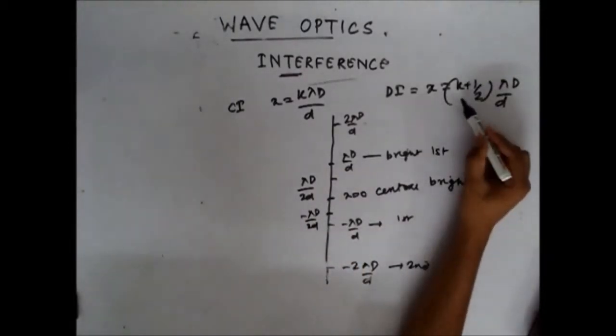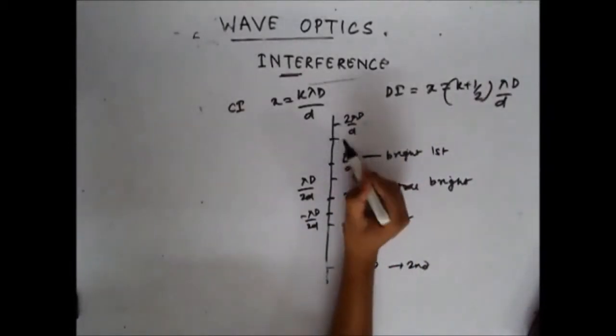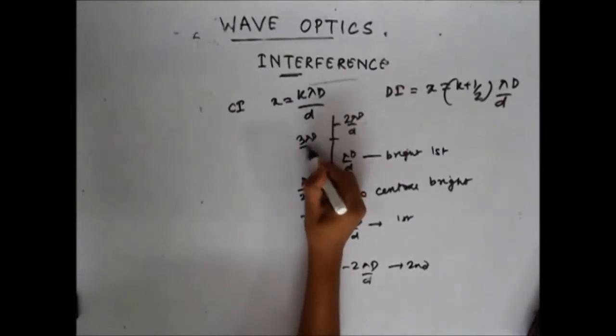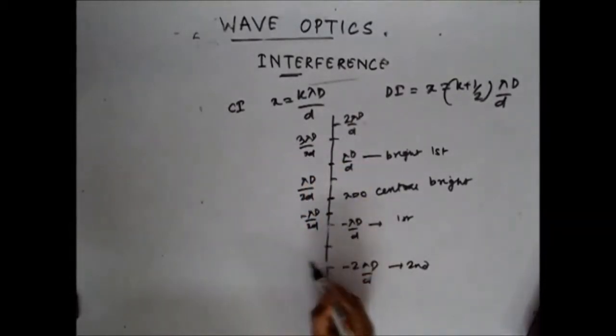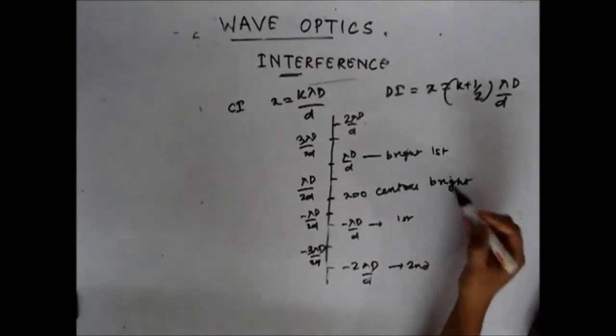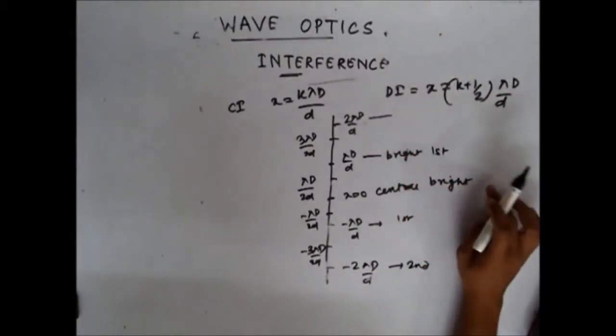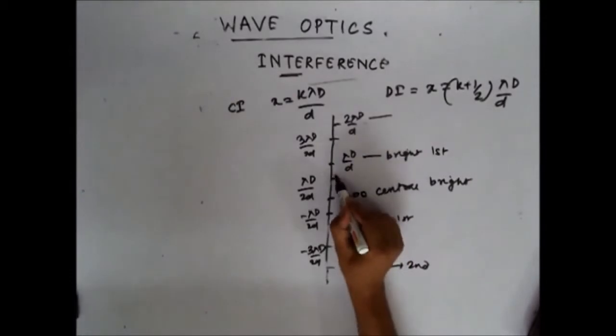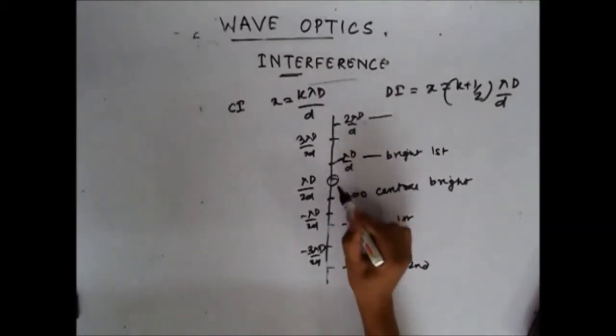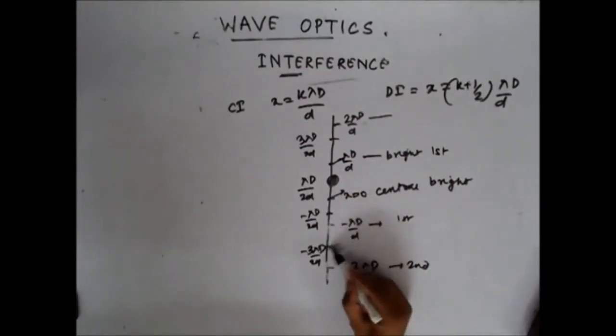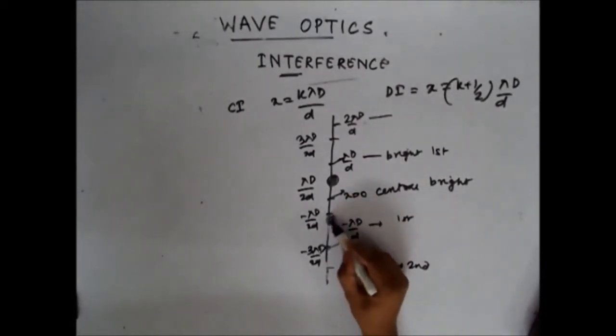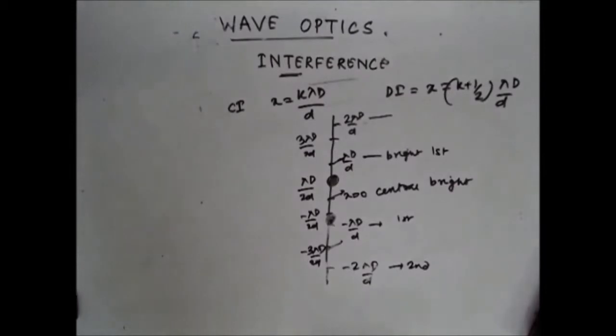If I put k equals 1, I get it at 3 lambda D by 2d, and here at minus 3 lambda D by 2d. So you can see here that between any two bright fringes, I have a dark fringe. Here you see this was the bright fringe, this was the bright fringe, and here we have a dark fringe. Similarly, this was the bright fringe, this was the bright fringe, and here we have the dark fringe. Now what is the fringe width?